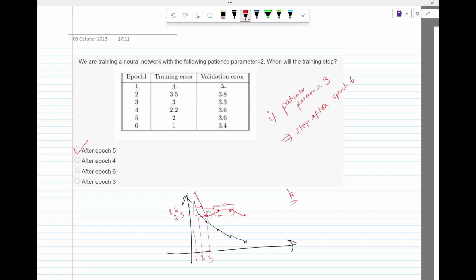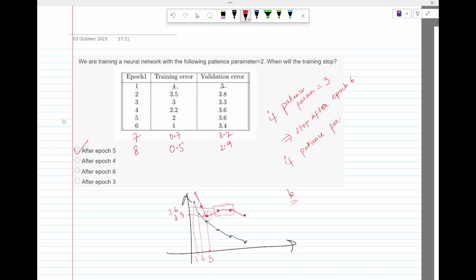And let's say there is a seventh epoch where your error becomes 0.7 and your validation error becomes 3.2, and then there is an 8th where it is 0.5, and this is 2.9.